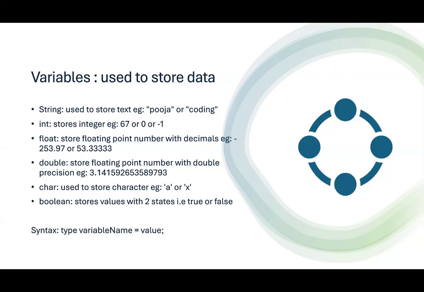For example, the variable name stringName: variable is written with a small v, and the next word Name starts with a capital N, and String starts with a capital S. That's called the camel convention. Then the variable name is followed by equals, and we assign the value to the variable name.